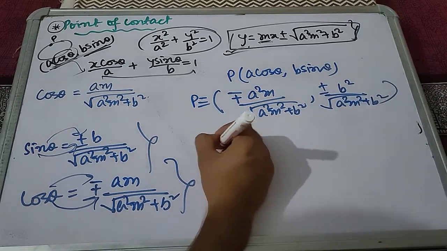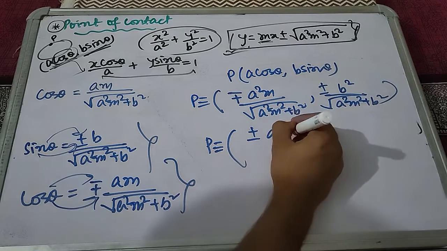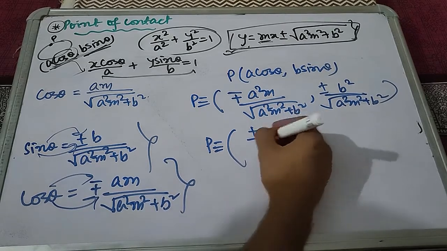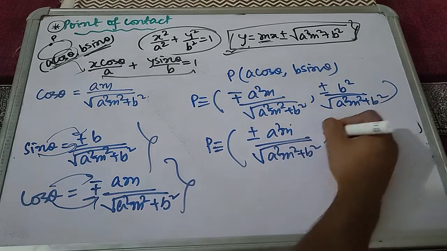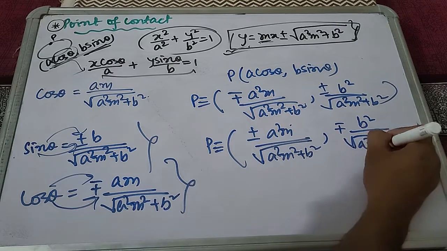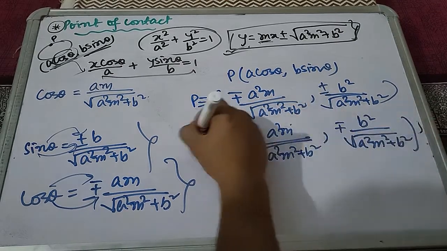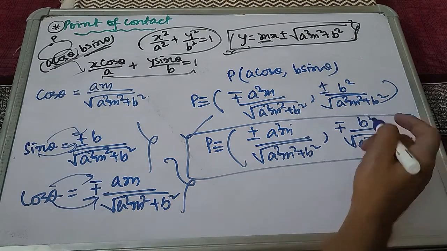Or you can write this, if you interchange the sign to make it easy to remember, as a square m by under root of a square m square plus b square, comma minus plus of b square by under root of a square m square plus b square. This is your final result, which you should keep in mind, because this sometimes comes handy.